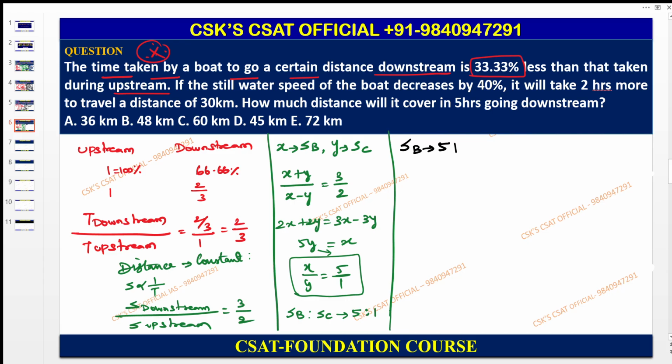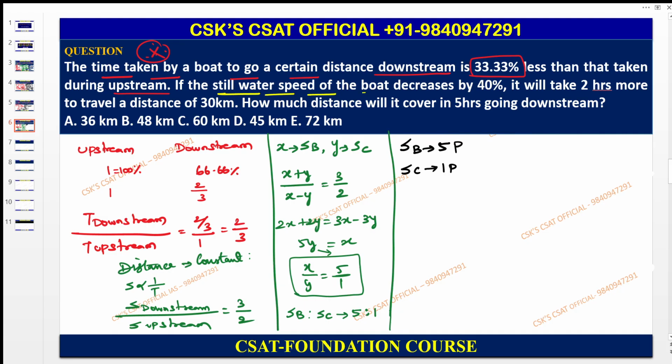Let us take 5p for the speed of the boat, then the speed of the current is 1p. So you understood this. Like this you need to take it, and the first statement is over. Now let us move on to the second.